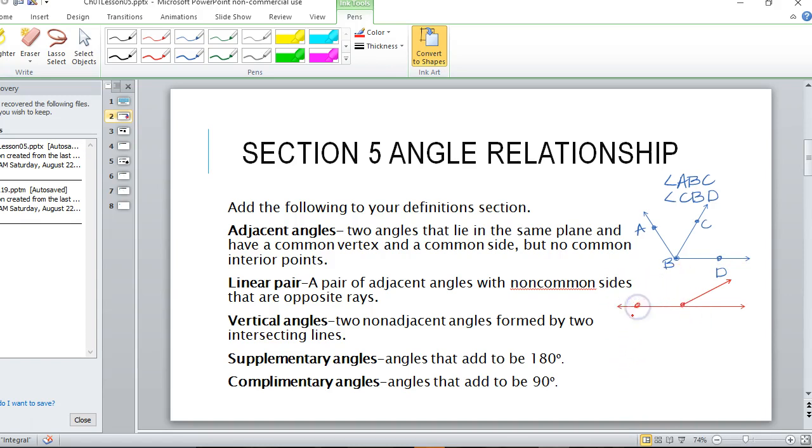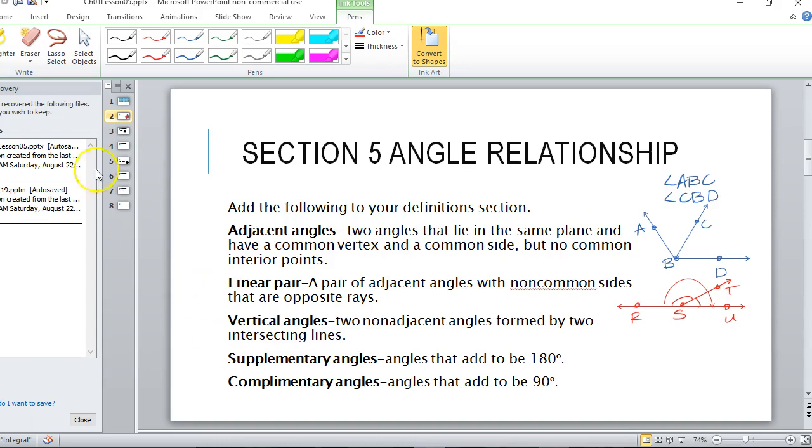So this would be R, S, T, and U. So RST, TSU are a linear pair. That means when I add these two together every time, they're going to add to be 180 degrees. So if I start here and measure all the way around, 180 degrees there.